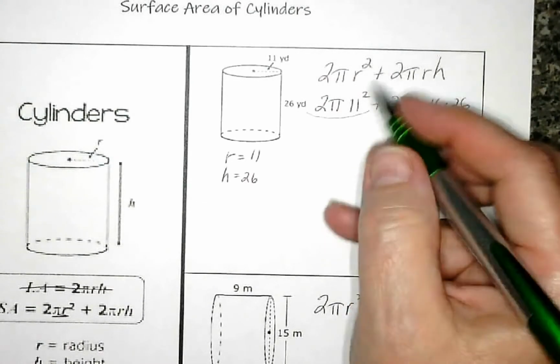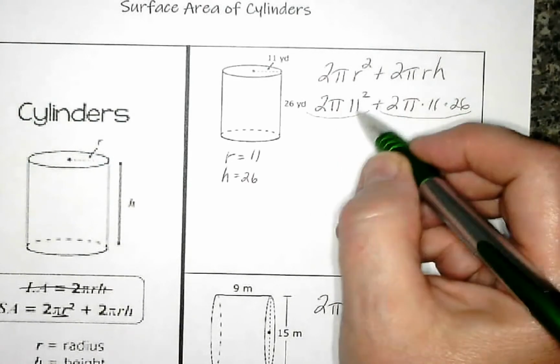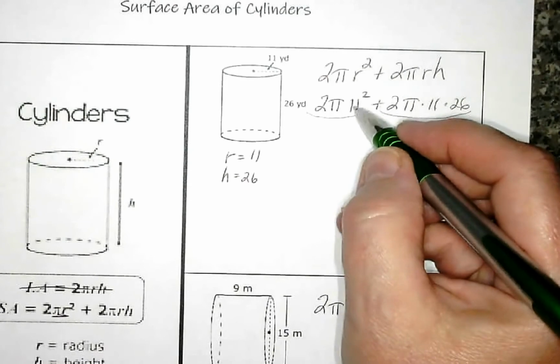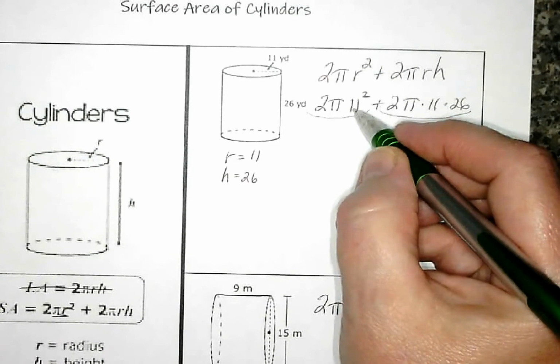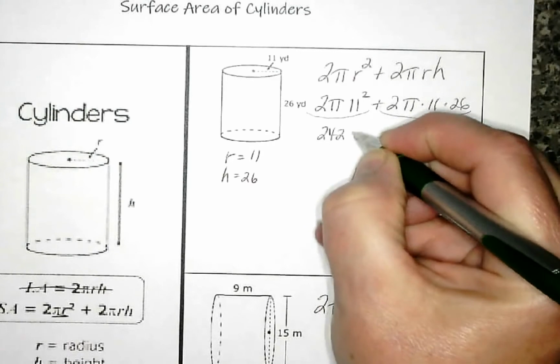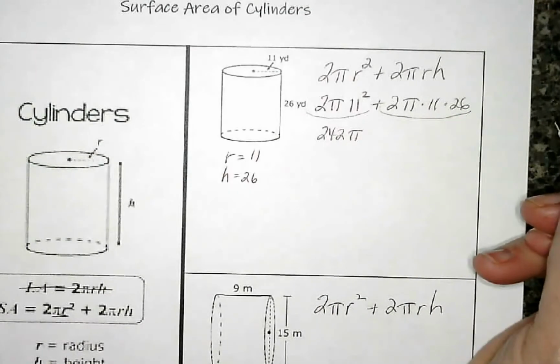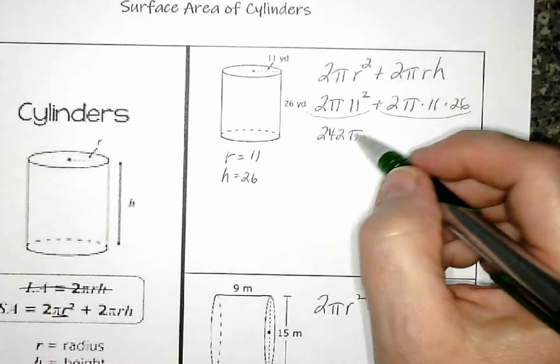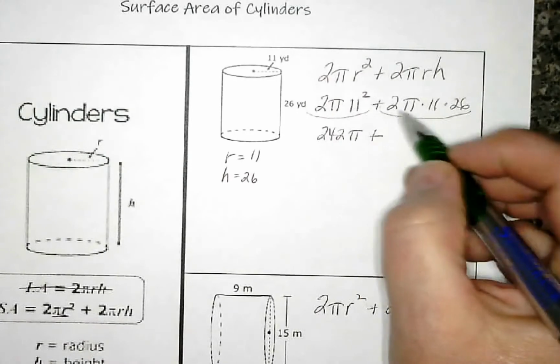All right, now it's easiest if you multiply all the numbers first. So I need to do 11 times 11 times 2, and that gives me 242, and I'm going to keep pi just as pi for right now. I'm not going to multiply it out yet. Plus, I'm going to do the same thing over here.